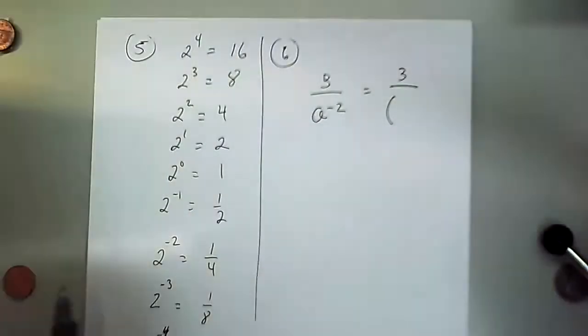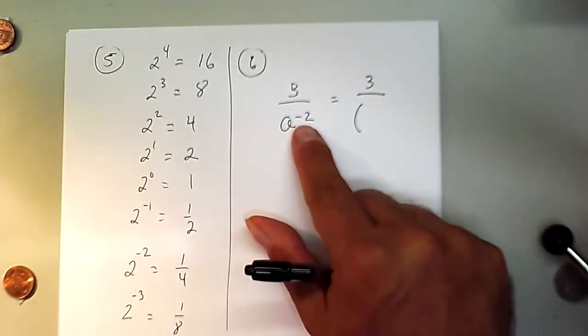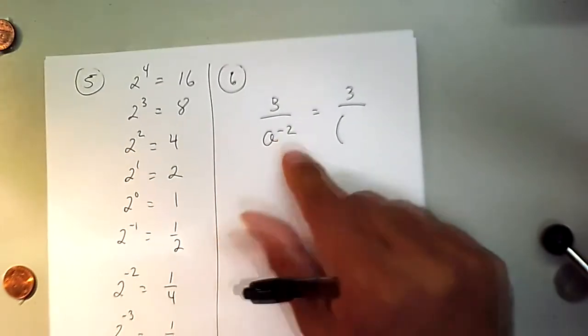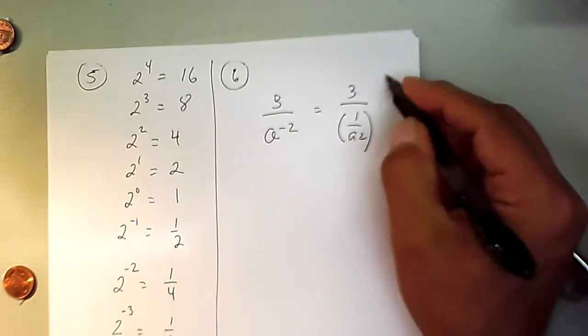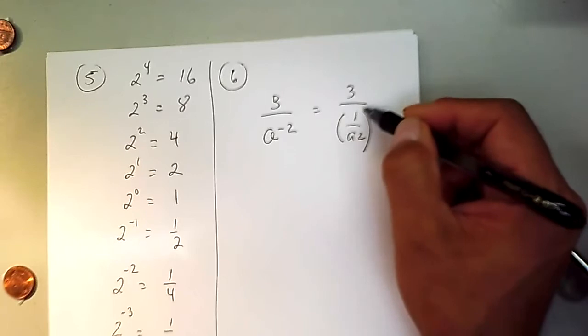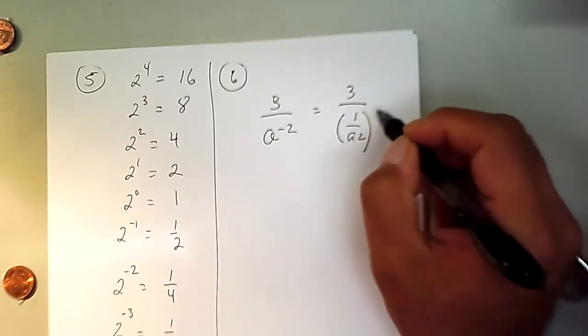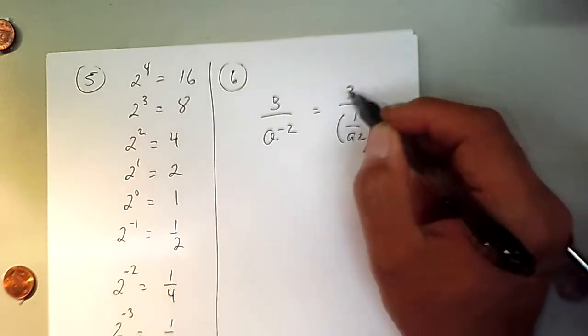So how do we simplify? By the way, oftentimes when we have negative exponents, the way we simplify is by getting rid of the negatives. So this is really 3 over 1 over a squared. Whenever we have a fraction with 2 fractions in it, it is important to know which one is the denominator or numerator of each one.